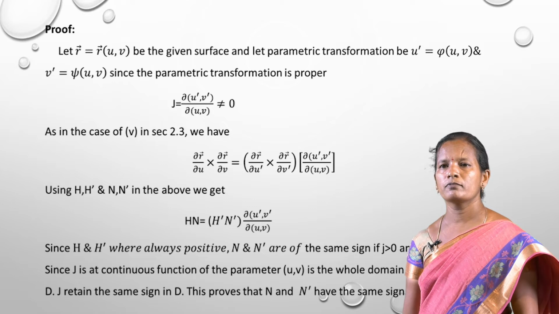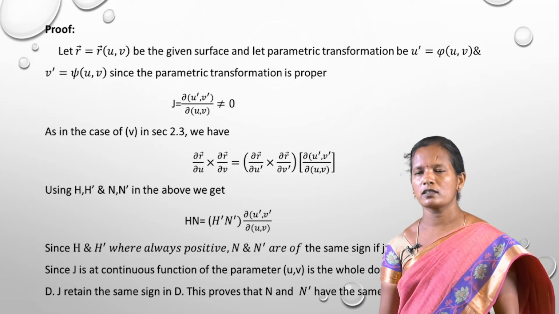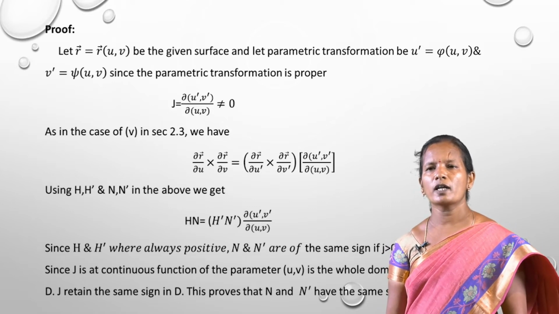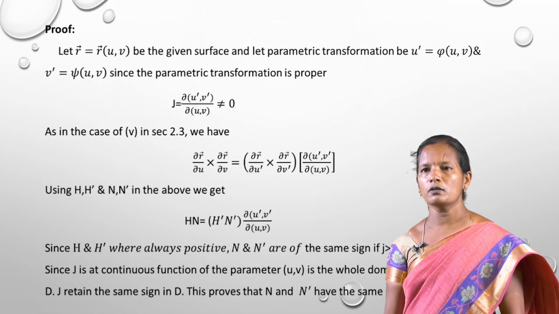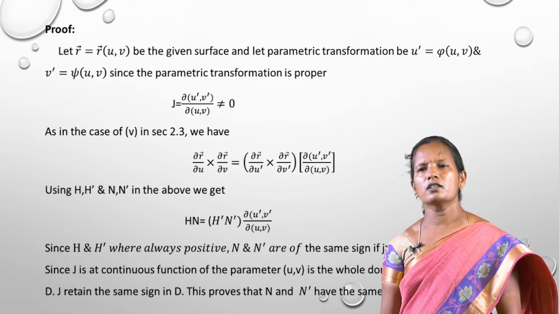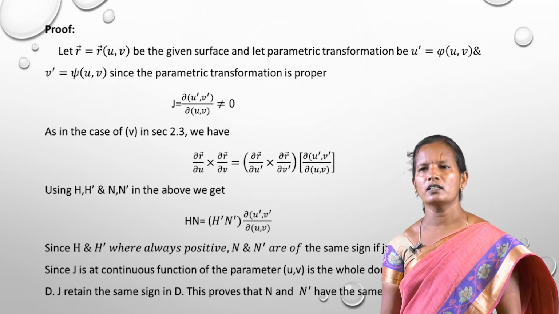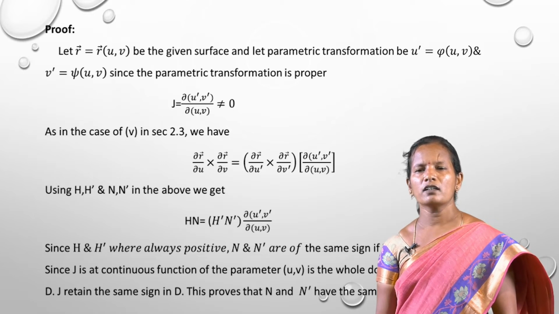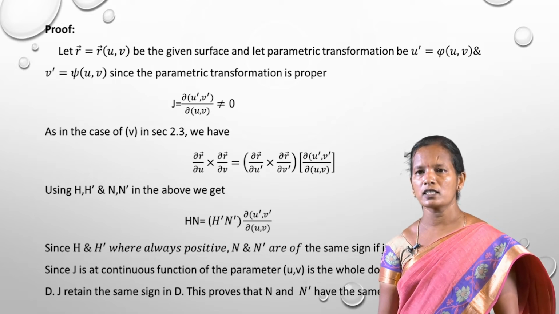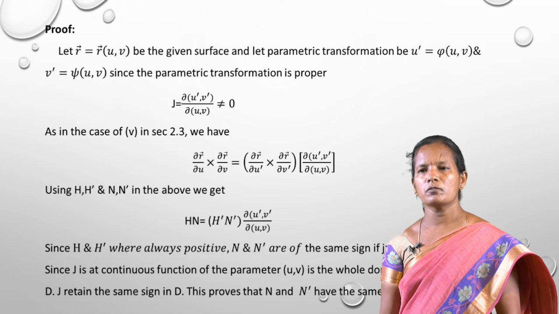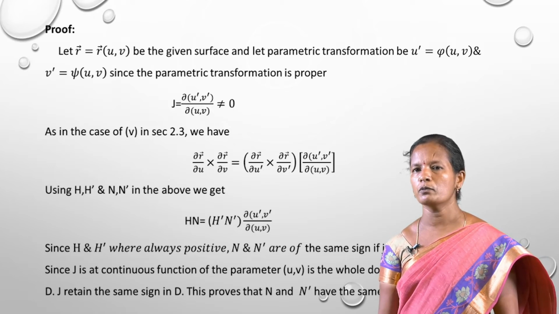As in the case of 5 in the previous section, we have dou r squared by dou v dou u into dou r by dou v is equal to dou r by dou u squared into dou r by dou v squared into dou of u dash v dash divided by dou of uv. Using h dash and n dash in the above, we get hn is equal to h dash n dash into dou of u dash v dash divided by dou of uv.